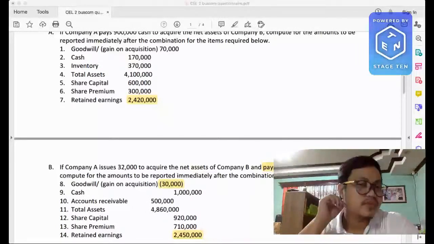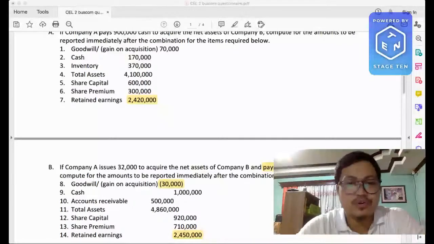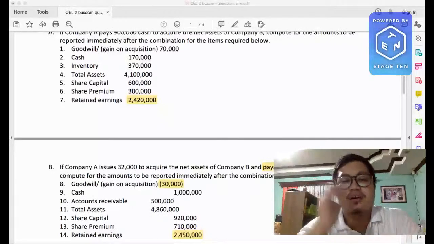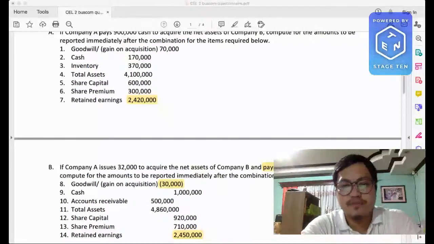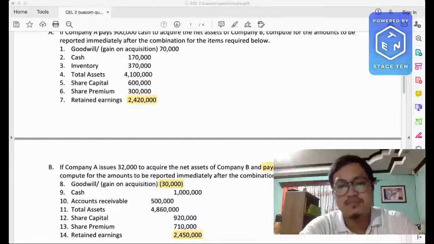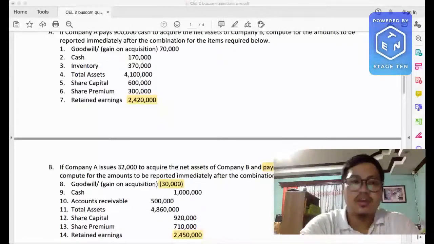Okay. So what are the things for you to remember for your share premium? It will be increased by the issuance of shares if the fair value is greater than the par value. It would be decreased if there are stock issuance costs.